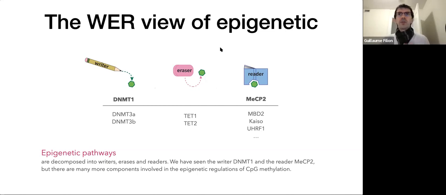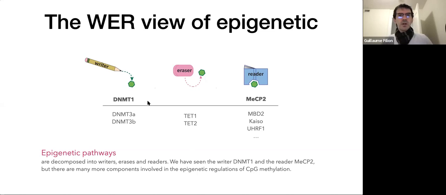Whenever we think of epigenetics, we think of at least three components: a writer, an eraser, and a reader. We can't consider that we understand what's going on until we have these three components at least. We have seen the writer DNMT1 and the reader MECP2, but there are many more components involved in the epigenetic regulation of CpG methylation.